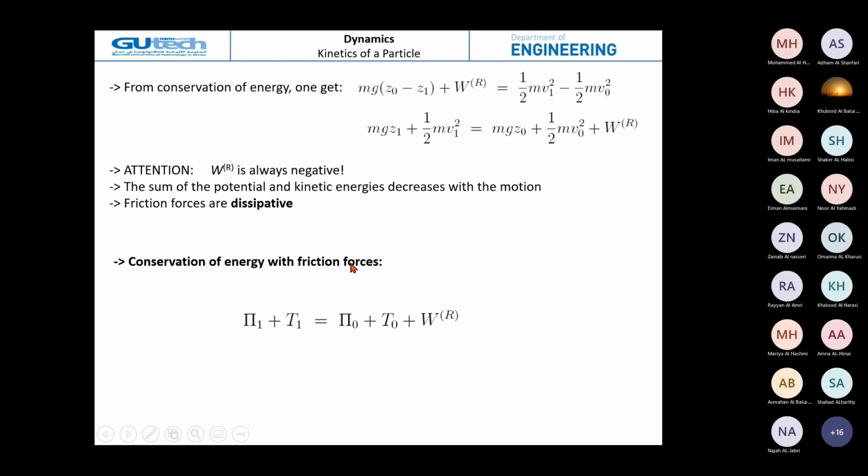But if there is friction, we have to add this term here. Either you make P1 minus P0 equal to T0 minus T1, but you have to add this term, plus W_R, which is the work due to the friction force. This is very important, keep it in mind.